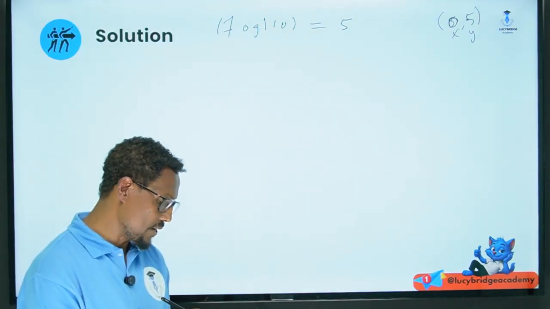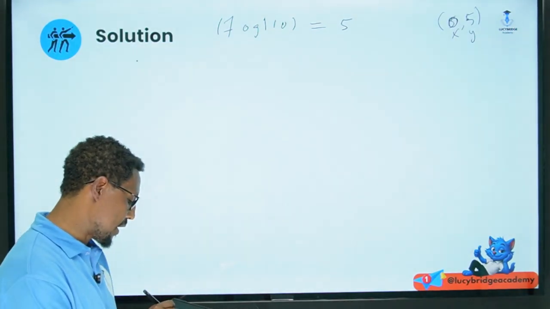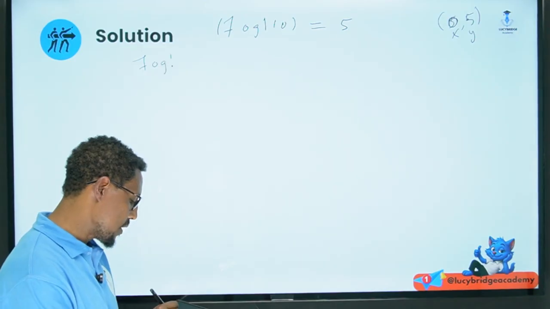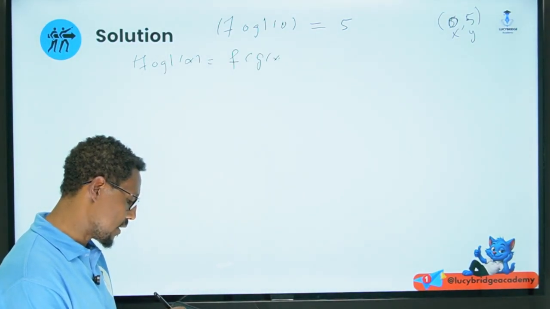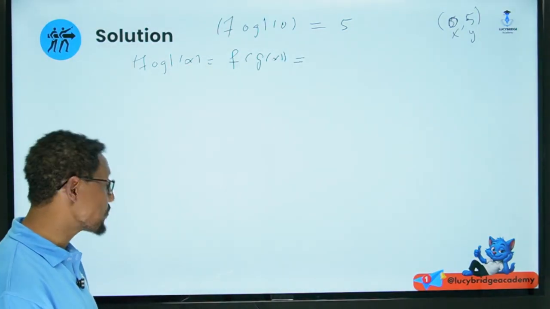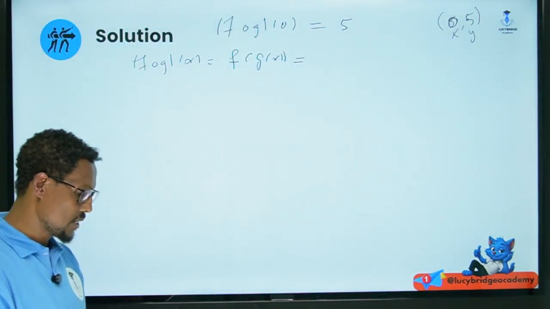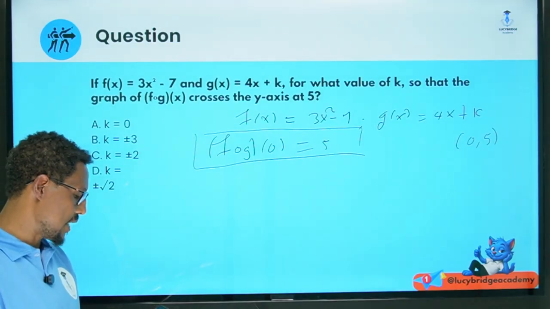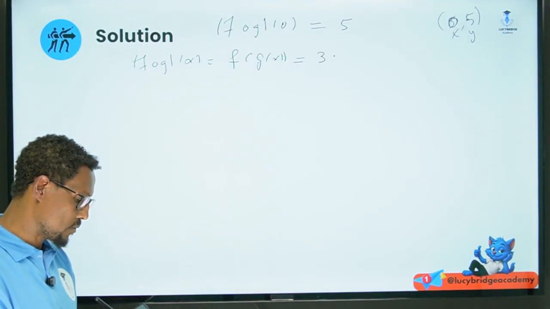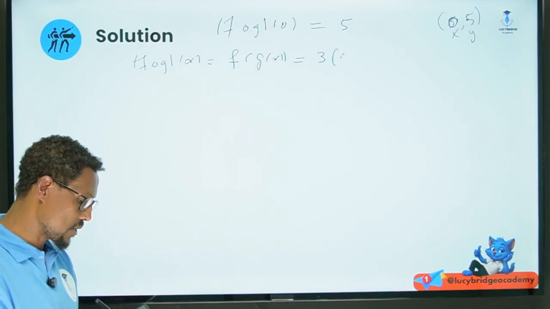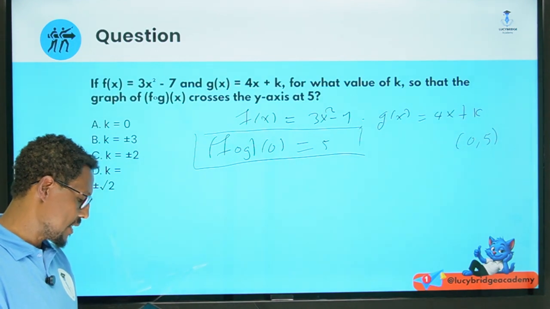Now let me find first f circle g of x. f circle g of x is equal to f of g of x. What is f of x? 3x squared minus 7. 3 times, but what is x? g of x, the whole square, minus 7.